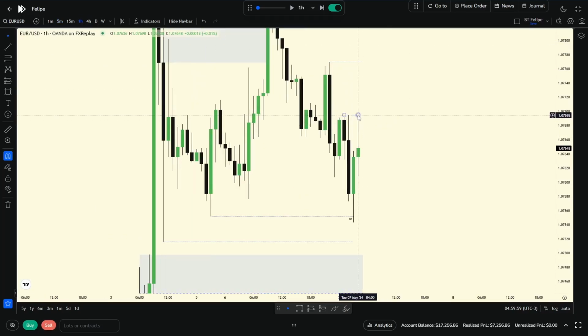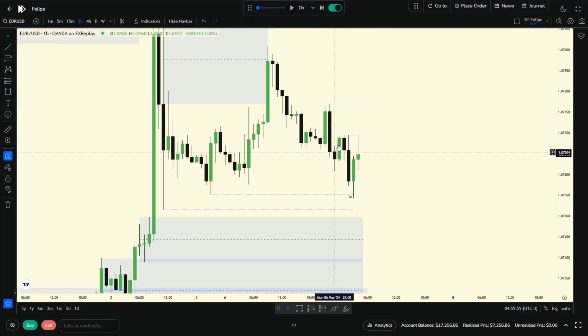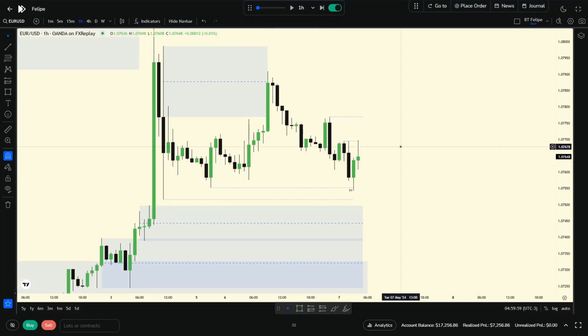Got taken now. M1 was mitigating down, took this liquidity, and now gave a reaction. We took liquidity, didn't tap any POI. Maybe you give a reaction to somewhere around here, and we are going to go down.